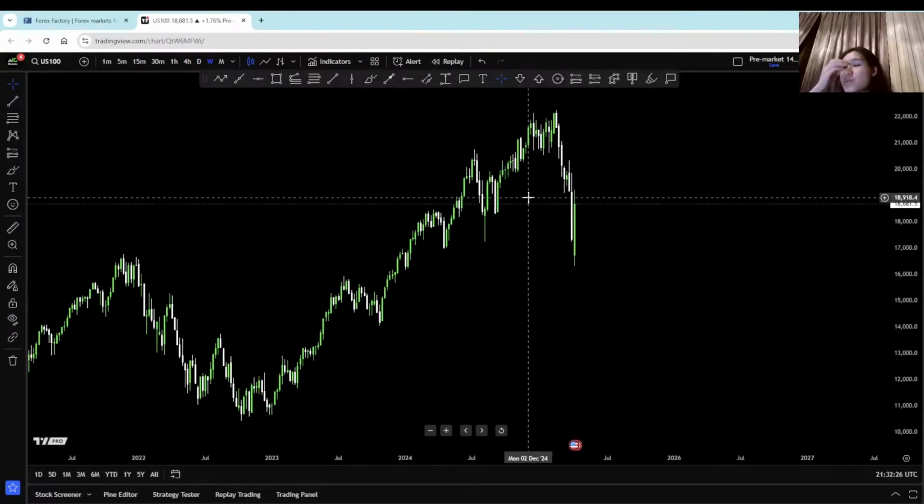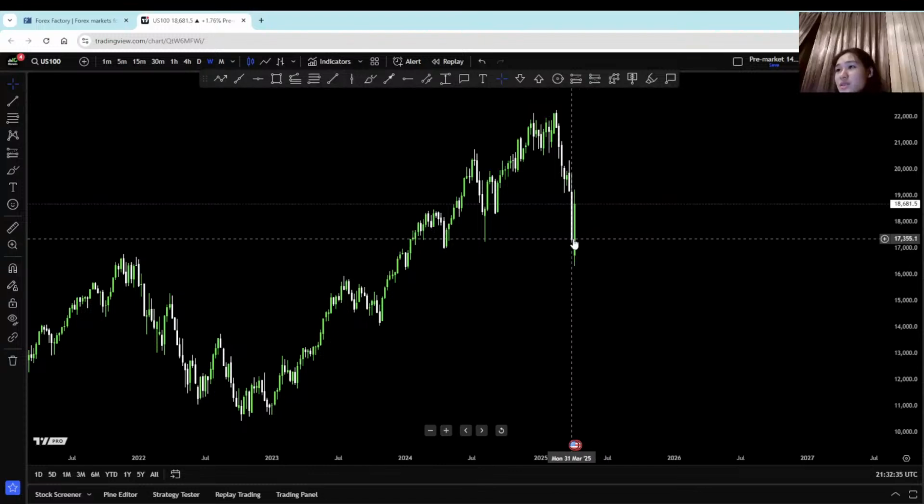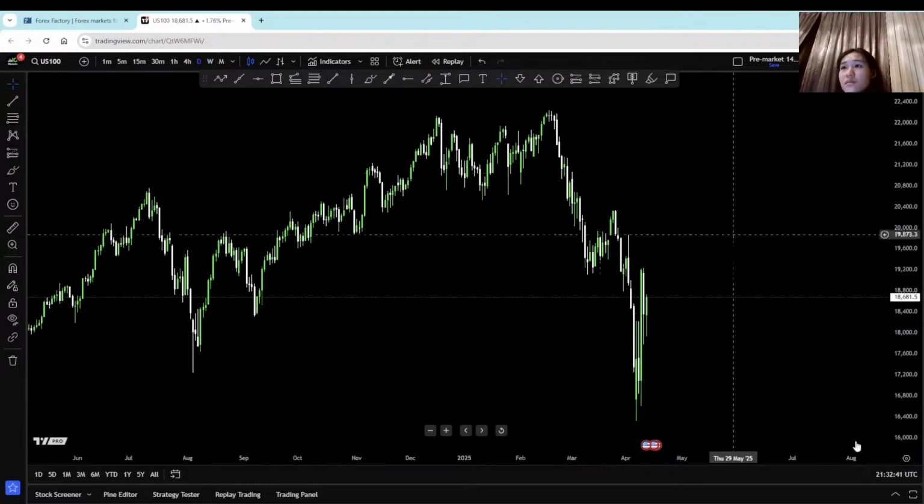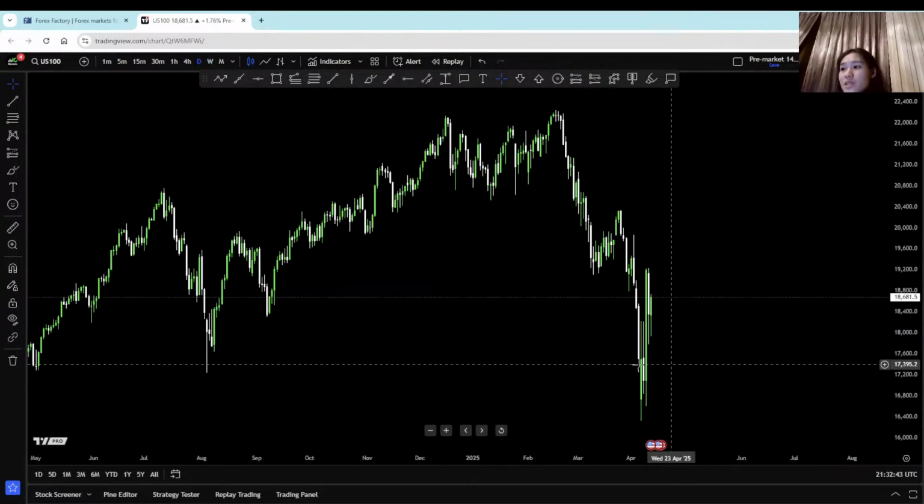Okay, so US 100 on our weekly time frame, you can see prices generally dropping, although recently we did see this spike up. Yeah, we can see that here.